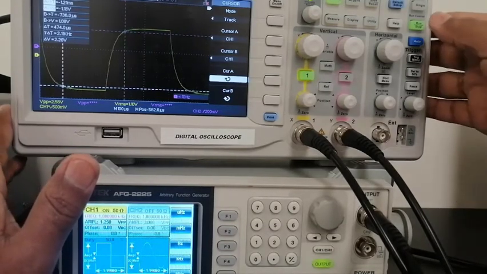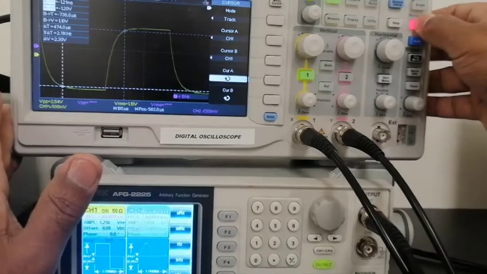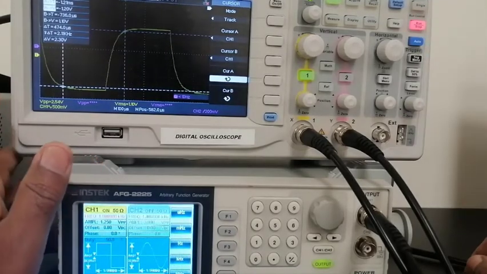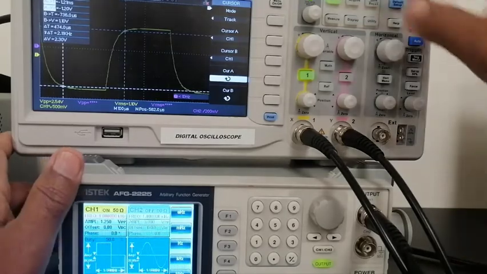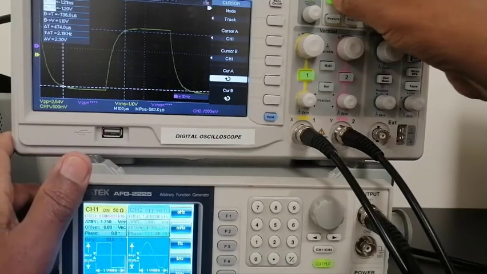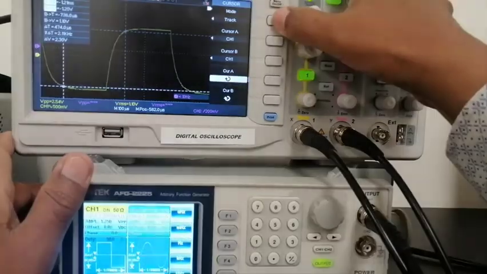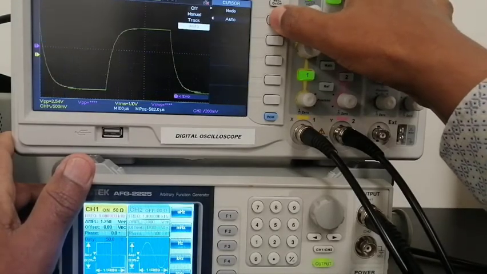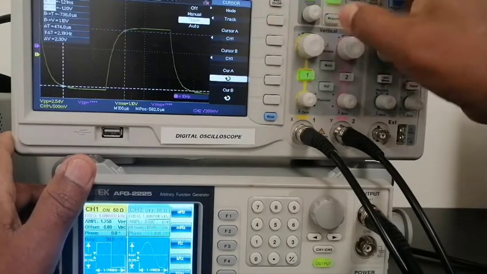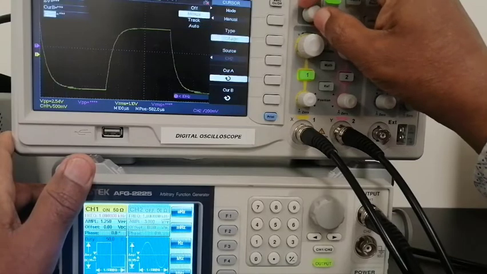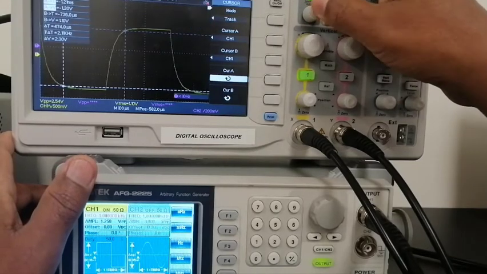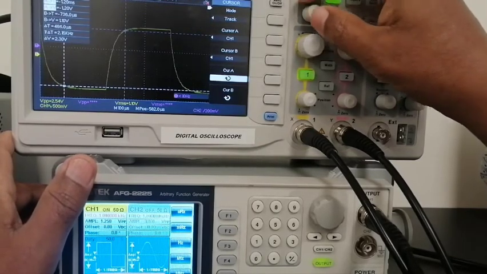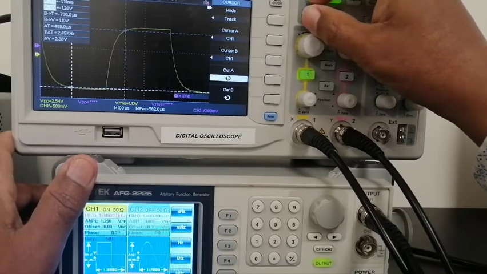So I'm stopping the auto run of the oscilloscope. I'm activating the vertical cursor. I'm selecting track, and that enables me to move cursor 1.